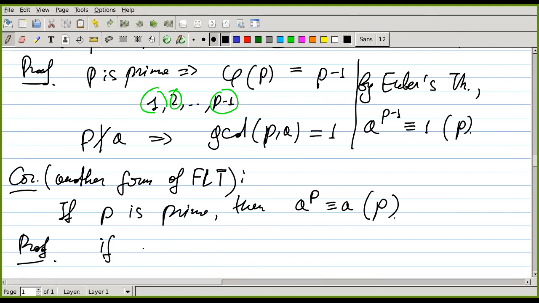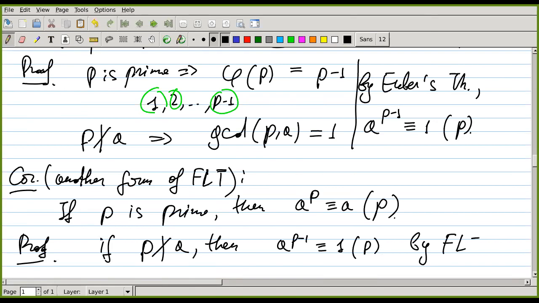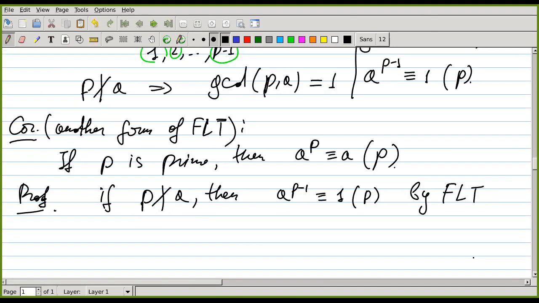If P does not divide A, then A to the power P minus 1 is congruent to 1 modulo P. This is by Fermat's little theorem. And then you can multiply both sides by A, which will result in the required congruence. Is it clear?